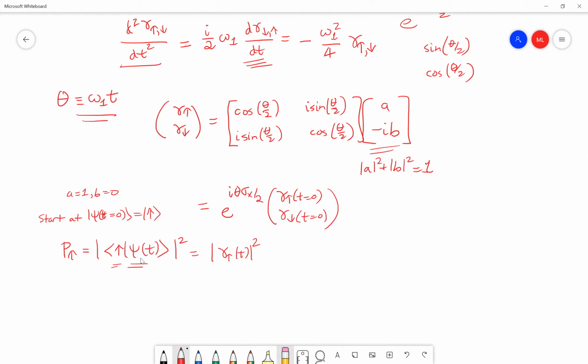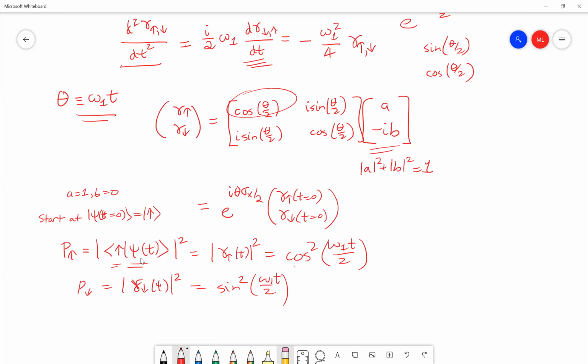And so what do you get? Well, if B is equal to 0, then this gamma plus thing is just going to be this term right here. It's just going to be cosine squared omega 1 t divided by 2. And similarly, the down case is just going to give us the sine squared omega 1 t over 2, because that's this term right here.